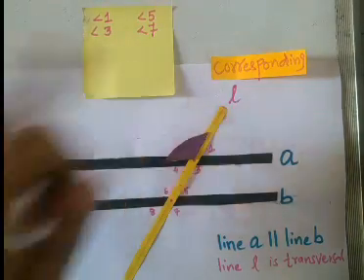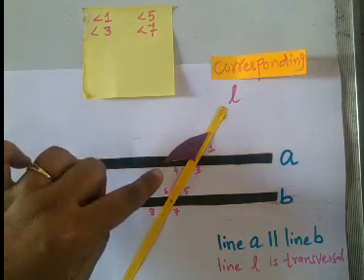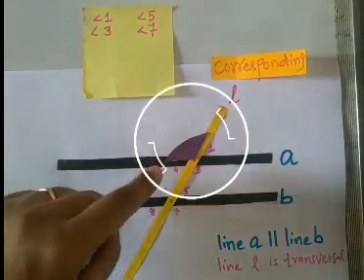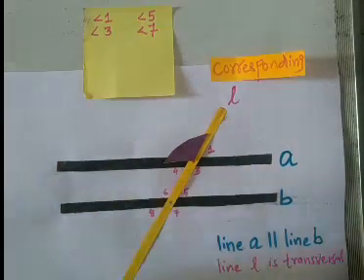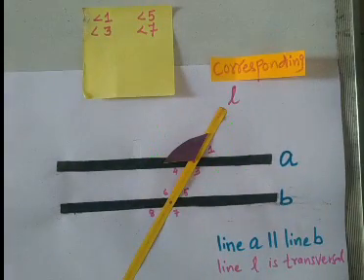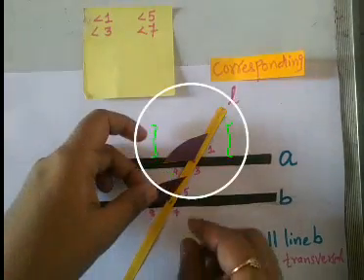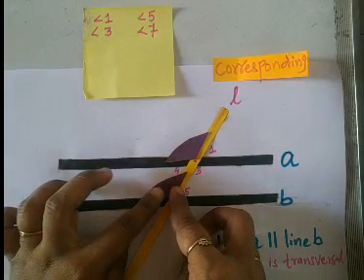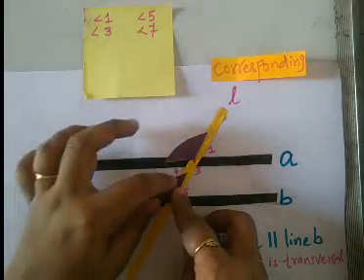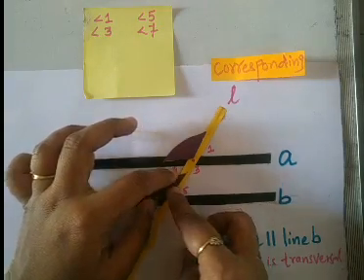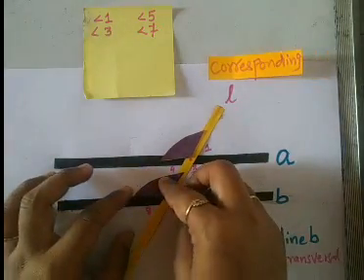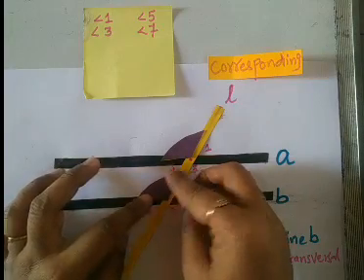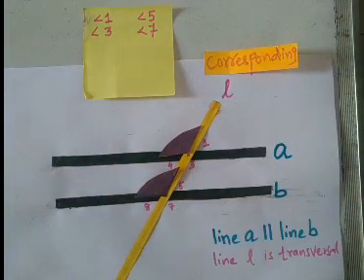So this was angle number 2. After angle number 2 on the same side, meaning on the left hand side of the transversal, there is angle number 4 which I have to leave. And the next angle on the same side is angle number 6. So this would be my angle number 6. Yes.